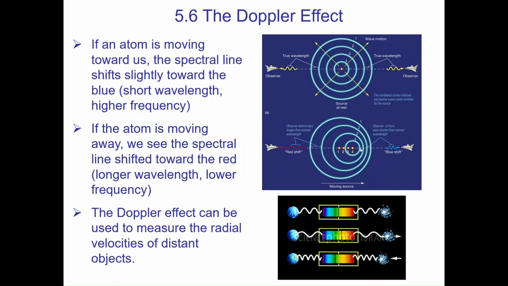So all the waves in front have a shorter wavelength, therefore higher frequency. So the observer in front, when the star is moving towards them, will observe a bluer color. Therefore, we call it blue shift: observing a shorter wavelength and a higher frequency.